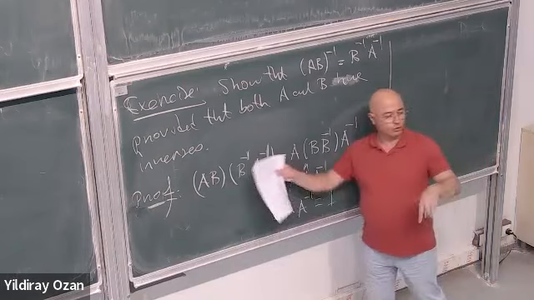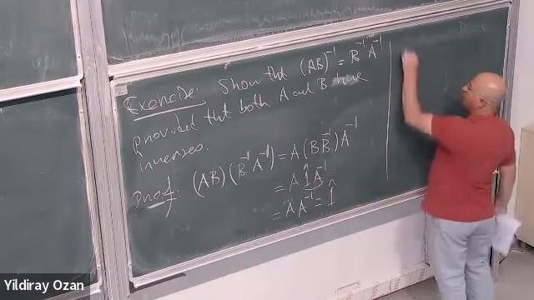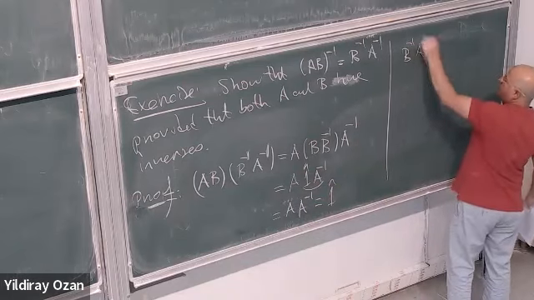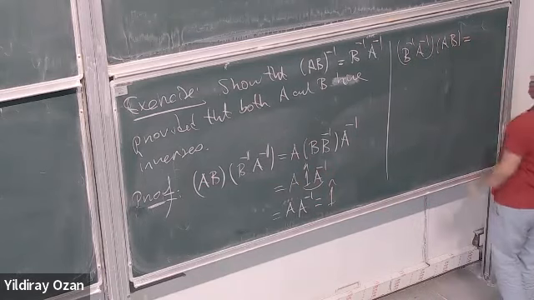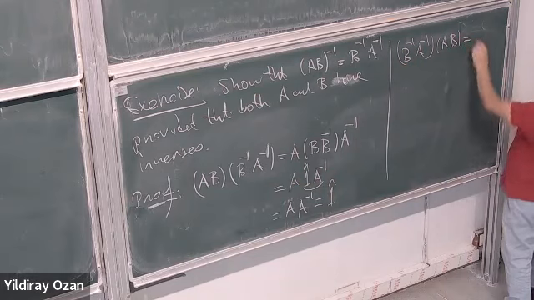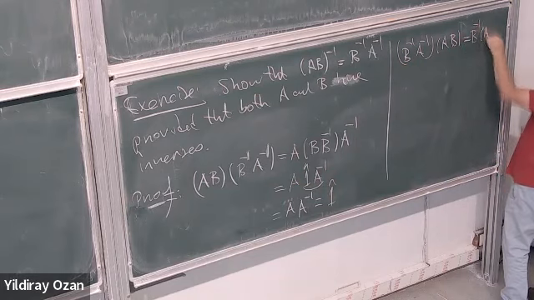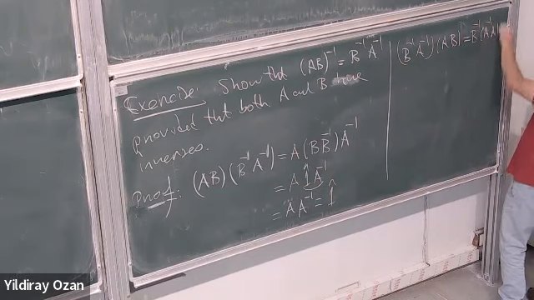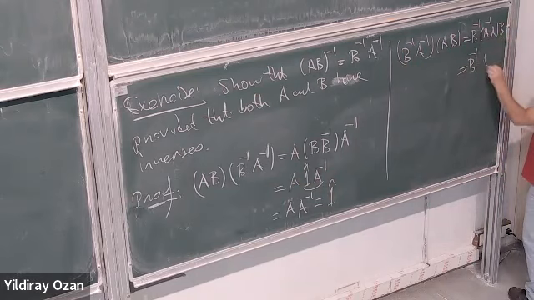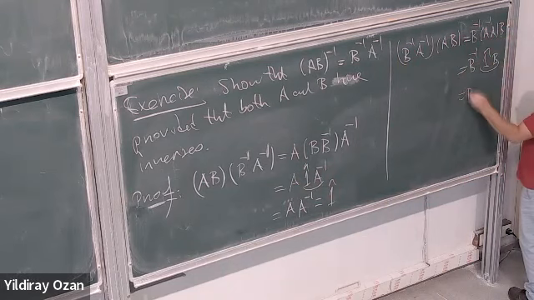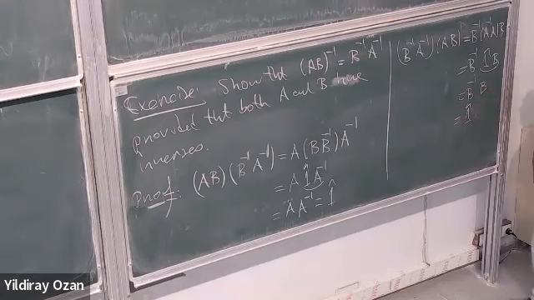No, we also have to show the other way around, right? B inverse times A inverse times A times B. What is this? This is just B inverse A inverse A B. A inverse A is the identity, and B inverse B is also the identity.